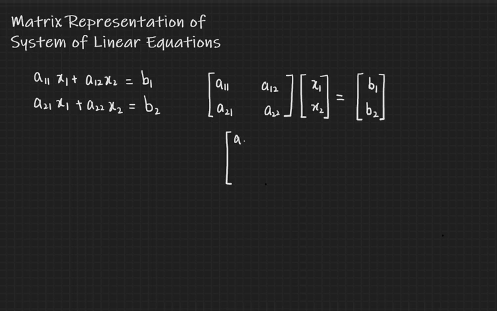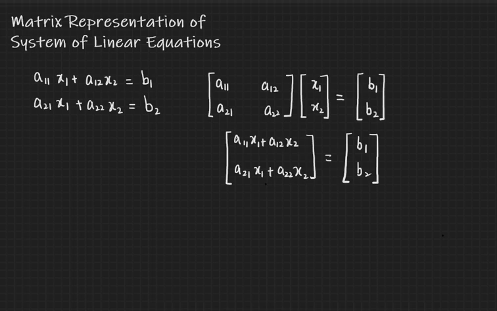So that would be a11 x1 plus a12 x2. And the second entry would be the multiplication of the second row with the first column. So that would be a21 x1 plus a22 x2, is equal to this right hand side column vector or column matrix.